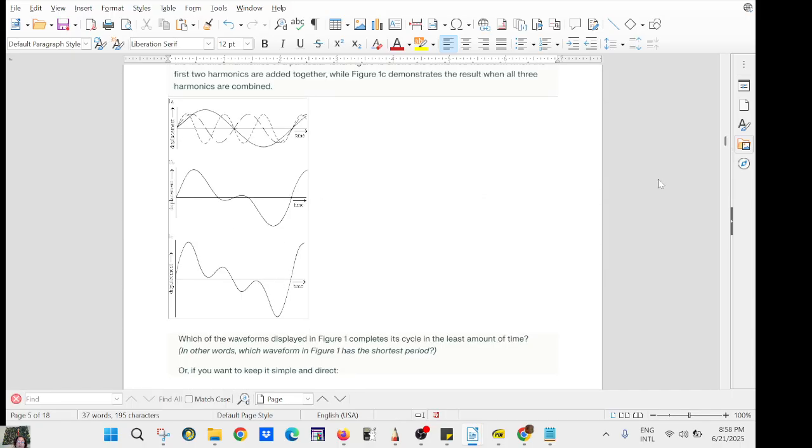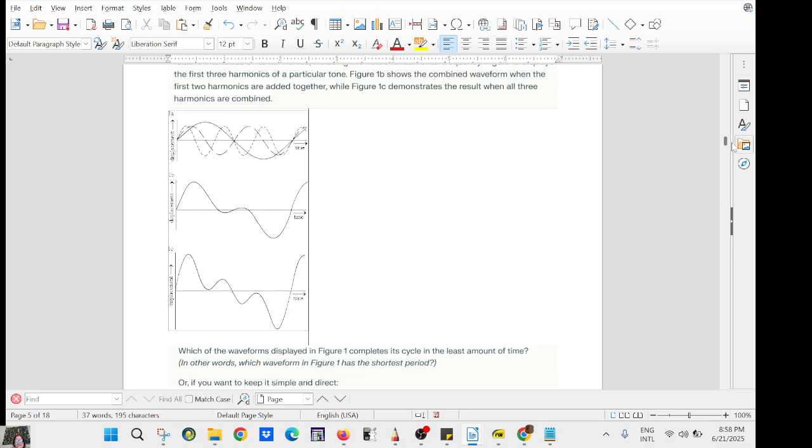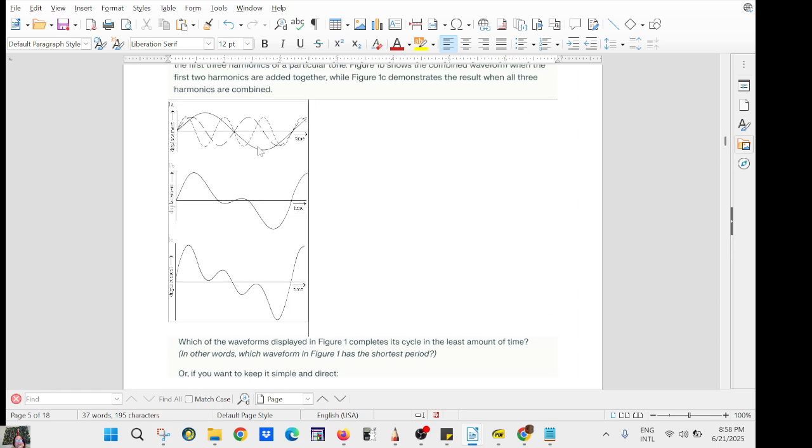Then they say, for this one you add the 3 harmonics. Which one do you think will show the relative amplitude of the harmonics? If you look at the first one, this is the first harmonic. This one is the first and the second. The first is there, and it has a large amplitude. But the second harmonic, you see, is very small.